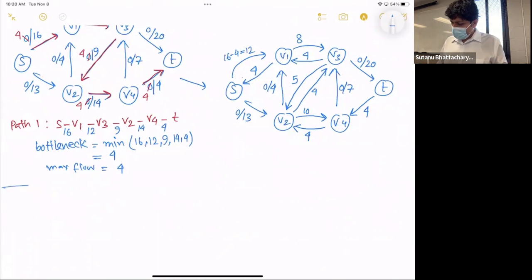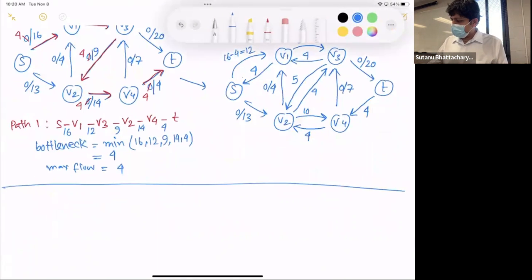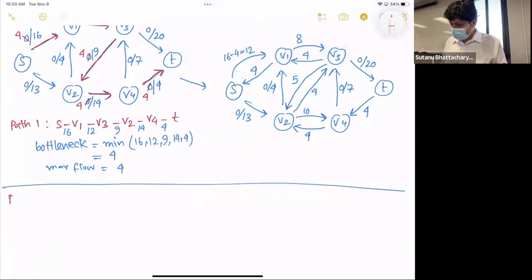Okay, so let's draw a line here. Now we'll choose a second path. Okay, next let's choose path 2.